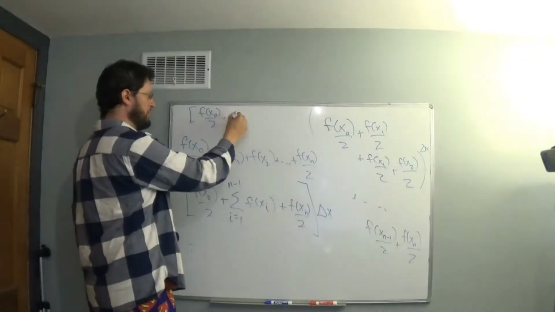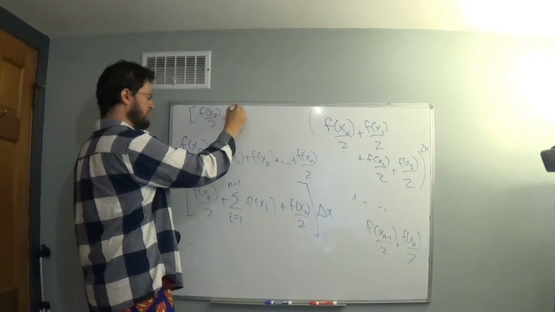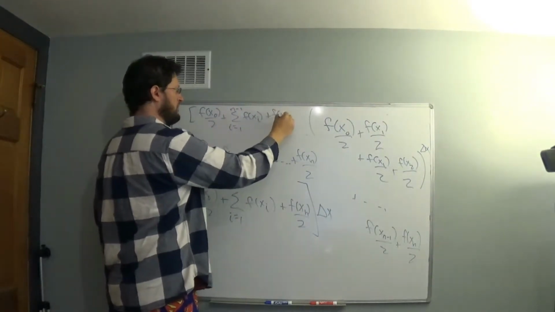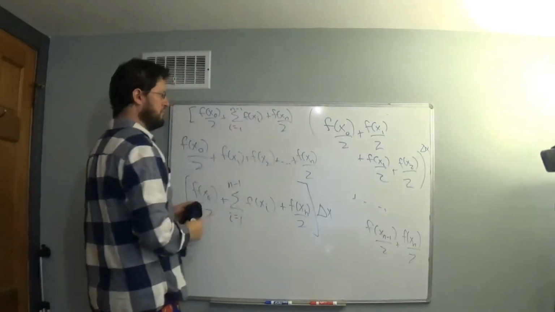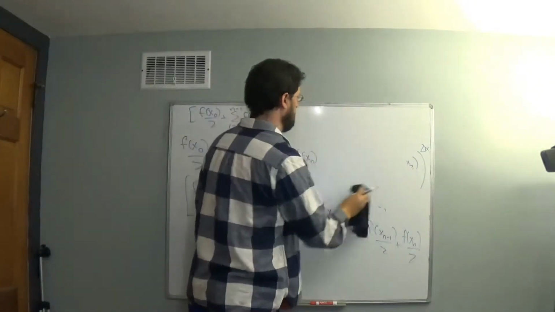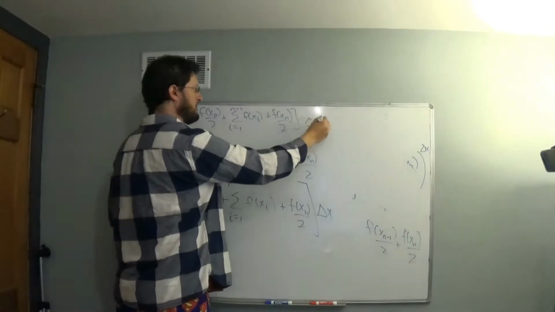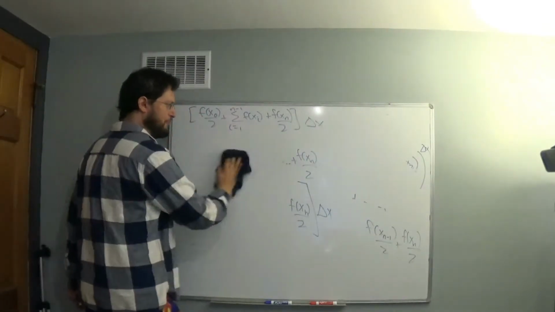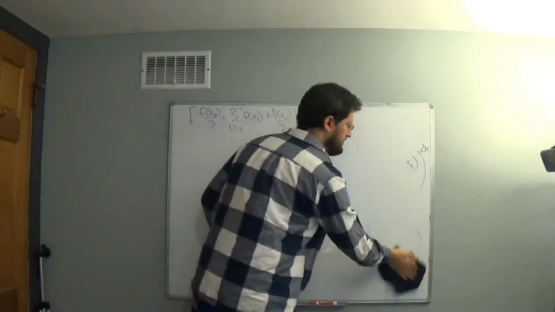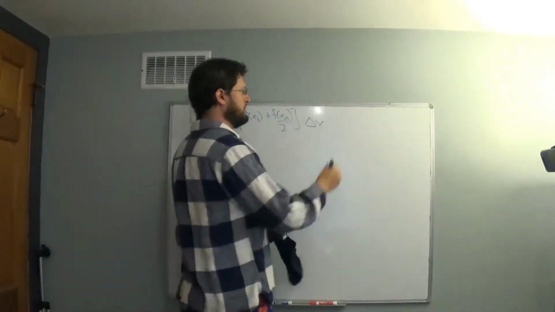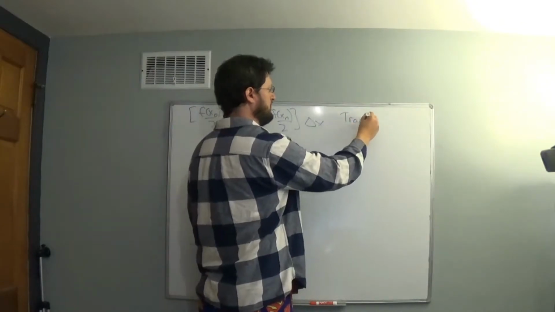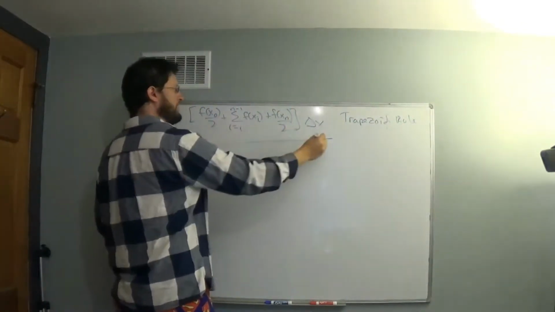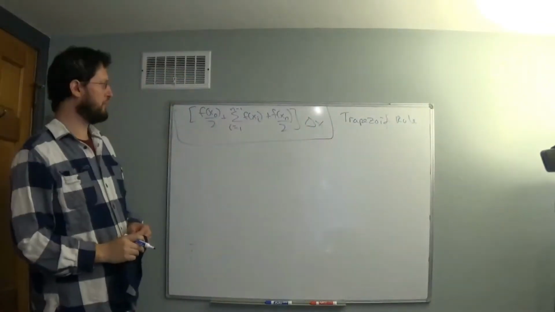And we'll do some examples. So that's our trapezoid rule formula. In the end, that's what we're going to use.